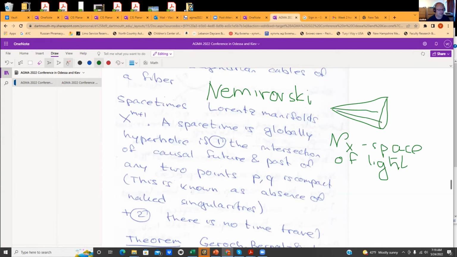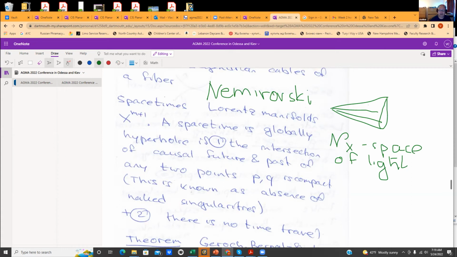So if you consider each individual light ray to be a separate point, because this is exactly what happens in the space of all light rays, then you get a sphere. The sphere is Legendrian, and it was conjectured by Natário and Tod and by Robert Low that this linking in some cases determines the causality, and we proved with Stefan that it pretty much always determines causality.